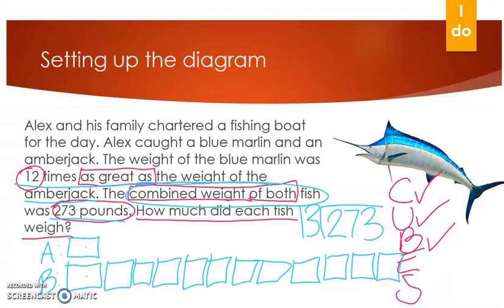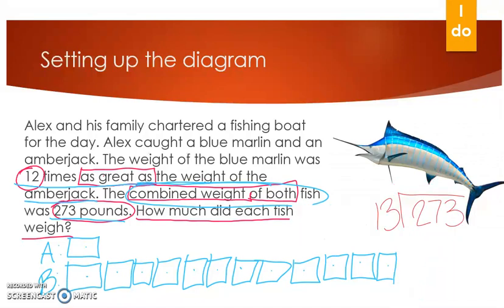When we add up 1, 2, 3, 4, 5, 6, 7, 8, 9, 10, 11, 12, 13 boxes. So our problem should be set up like this: 273 divided by 13. So now let's solve 273 divided by 13.